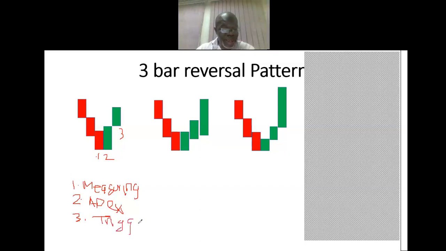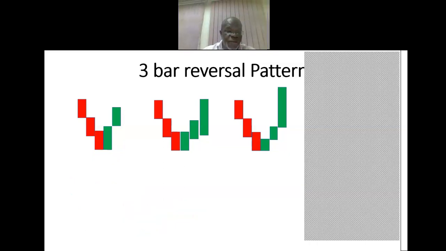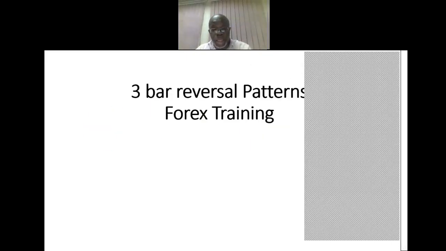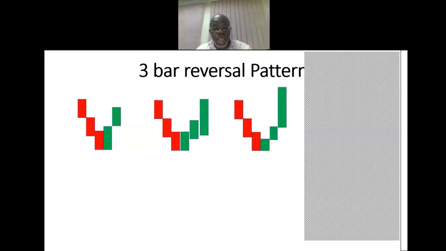Now, if the market is on a true reversal, then your task is to make sure that your apex candle, when it is forming, must close above the measuring candle. Sorry, I keep losing my drawings here.